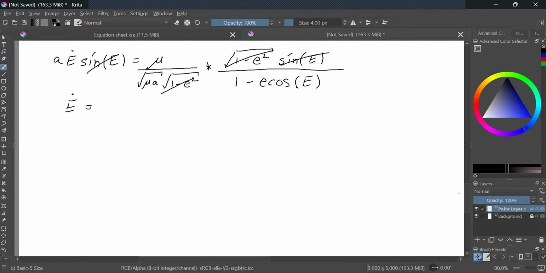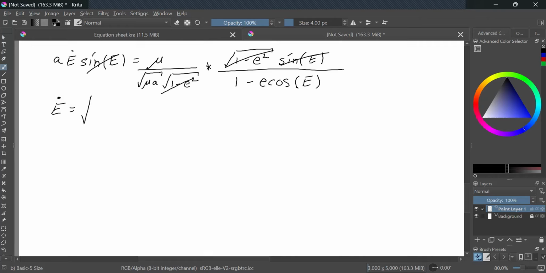E dot is equal to, so we have 1 whole mu divided by the square root of mu. That's the square root of mu in the numerator, and a to 3 halves.